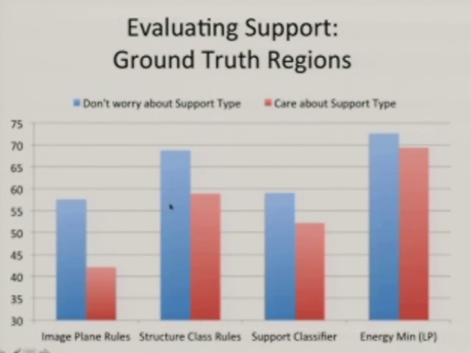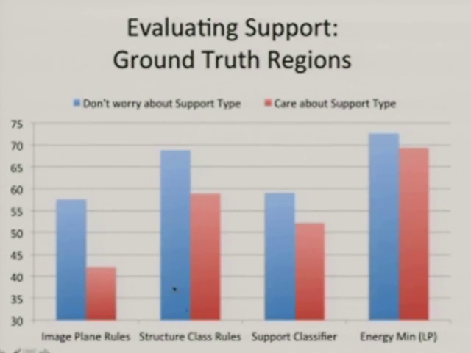What you can see is that the blue bars are where you don't care about the support type. That is, you've correctly identified that the chair is being supported by the ground, but you don't care whether it was a vertical or a horizontal support relation. The red one is when you say, okay, now I do care whether it's a horizontal or vertical type of support. So you can see when you care about the type of support, the performance does drop.